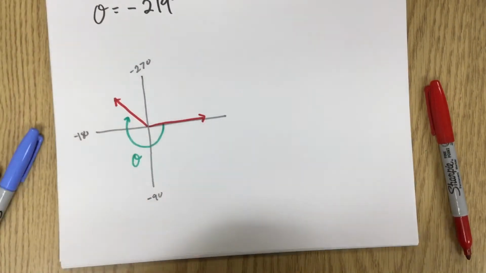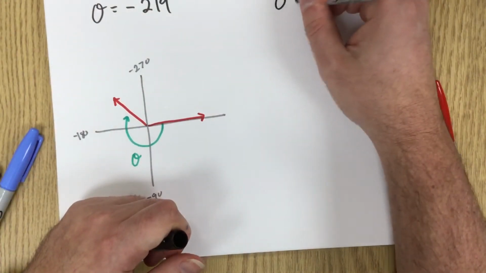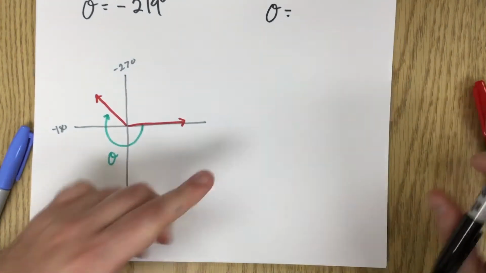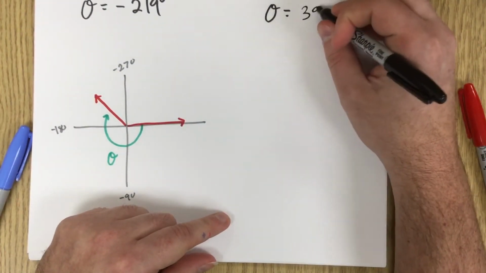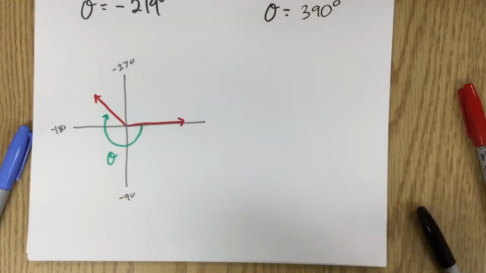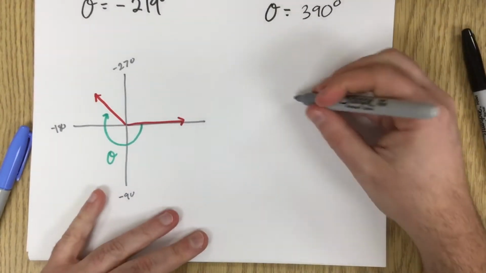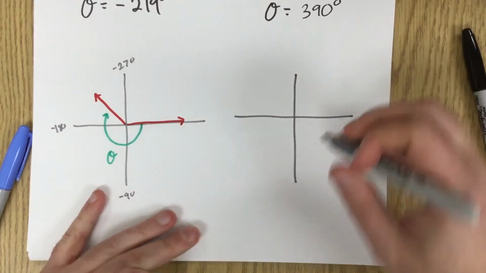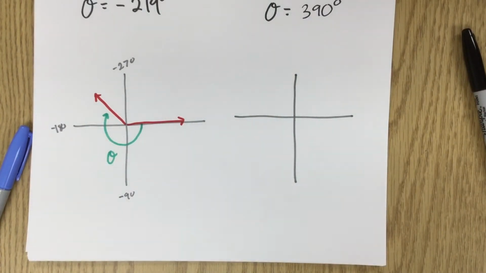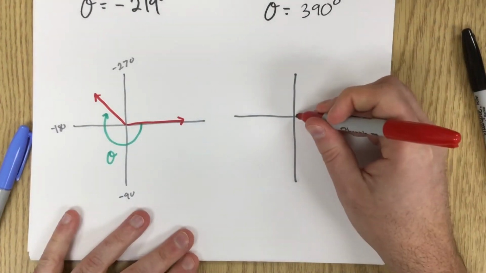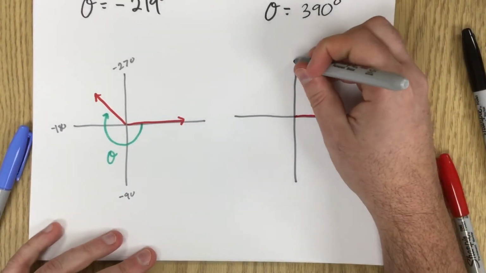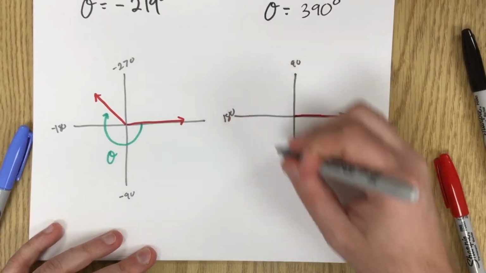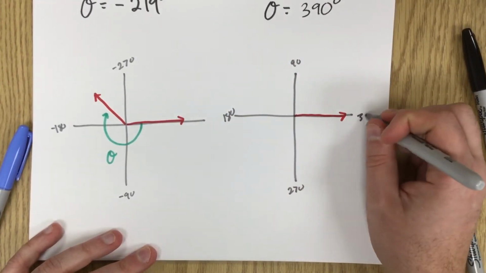Now no one says that angles have to be between negative 360 and 360. We could, for example, have an angle of 390 degrees. So we start there. And remember, that's 90, 180, 270, 360.